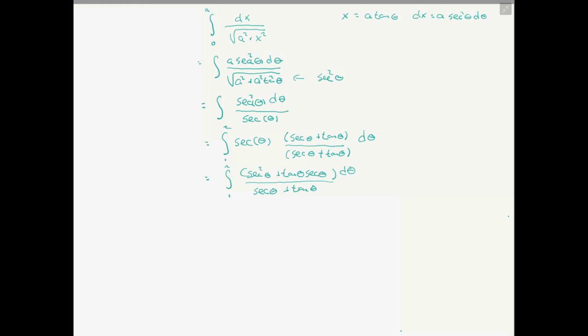Now, we do a u substitution. We go u equals secant theta plus tangent theta, and du equals secant theta tan theta plus secant squared theta d theta.